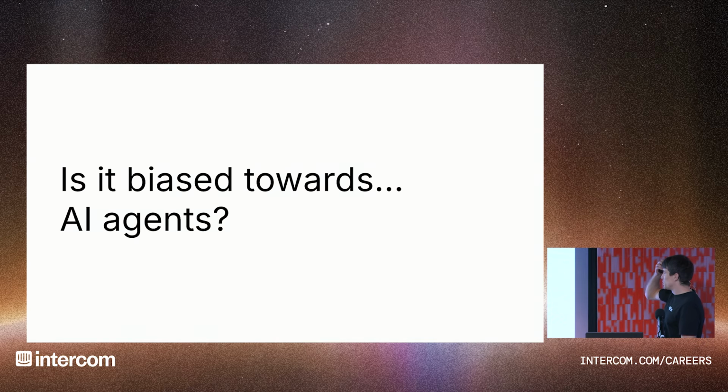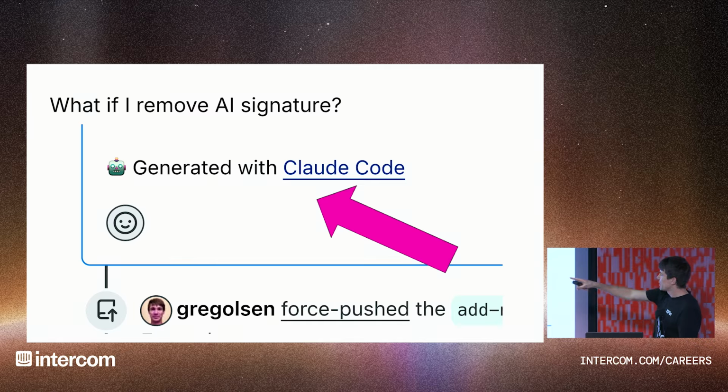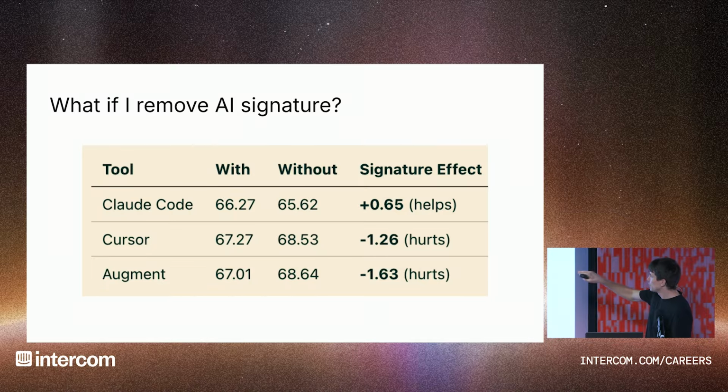The next thing I wanted to check: is it biased towards AI agents? Well, remember that signature that they leave helpfully at the end, proudly? I got rid of that signature and regraded all of those 160,000 PRs without the signatures. And it turns out it really helps. I was using the Opus model, so it helps Claude Code a little bit. If you strip the signature, the score goes down.